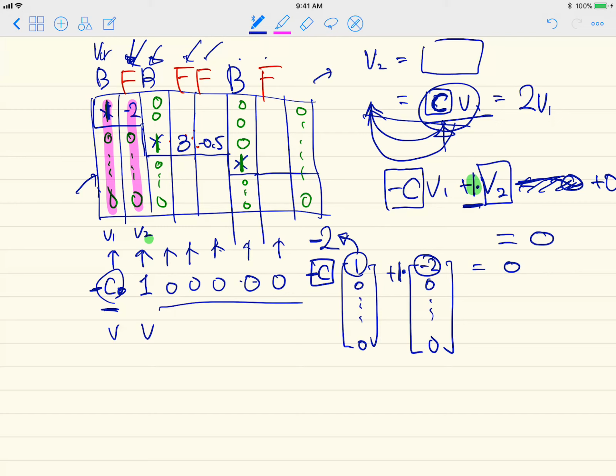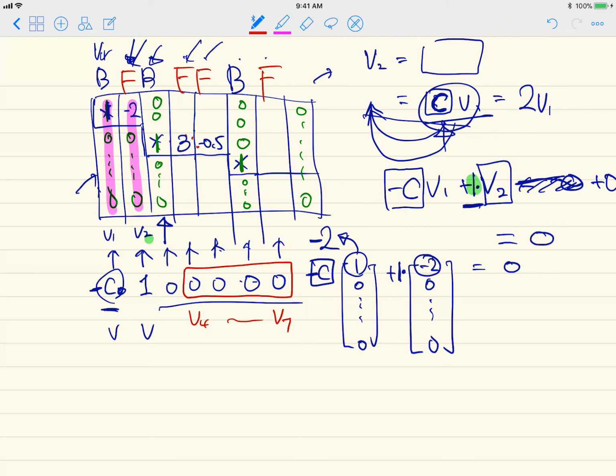Okay, so let's look at the third vector, and let's set the rest of the linear combination coefficients still as 0. Let's ignore V4 through V7, because we didn't add these vectors yet.